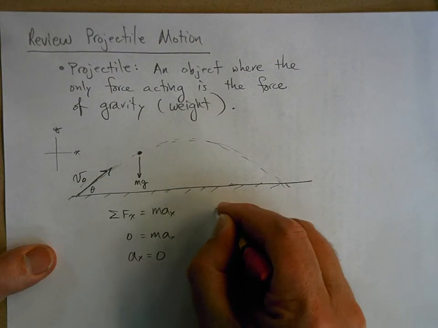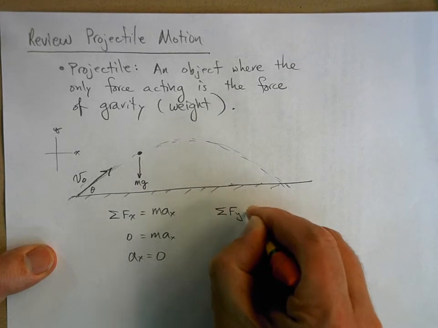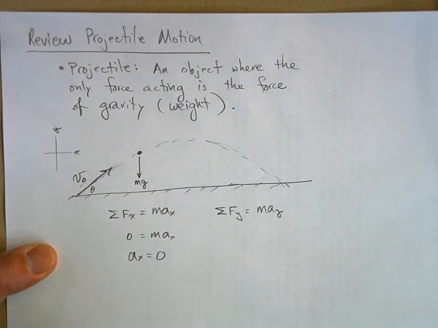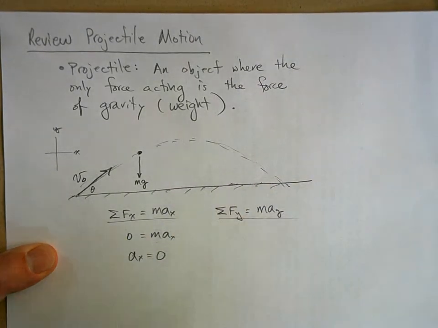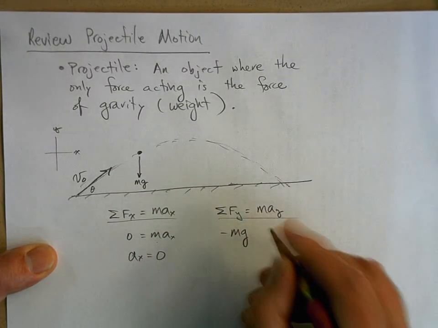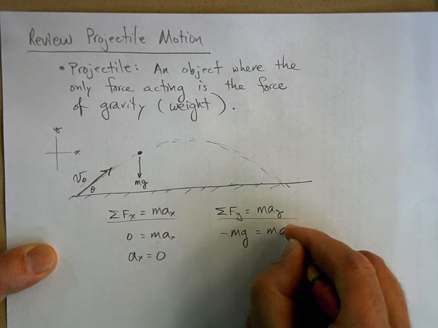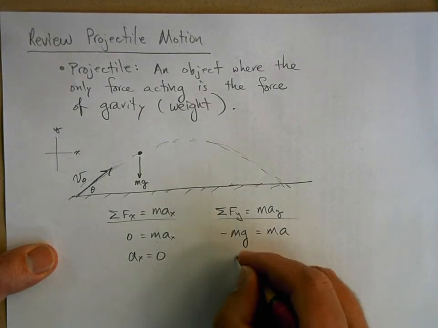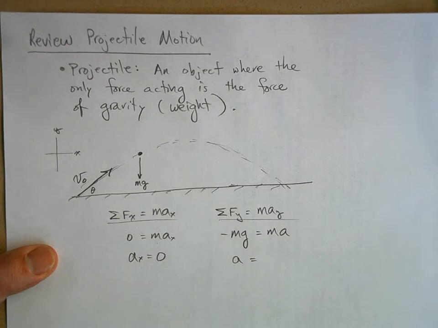Now let's sum the forces in the y direction equals ma in the y direction. Well, there is a force in the y direction. Negative mg equals ma. So what is the acceleration in the y direction?